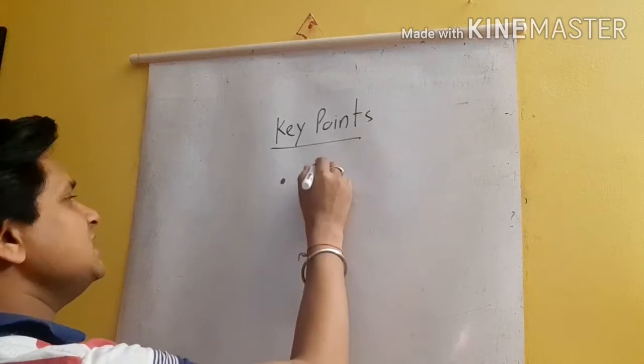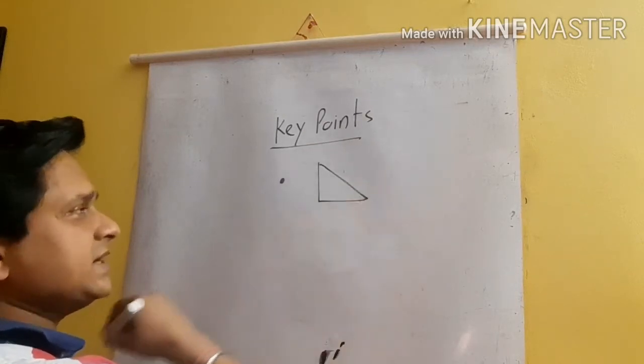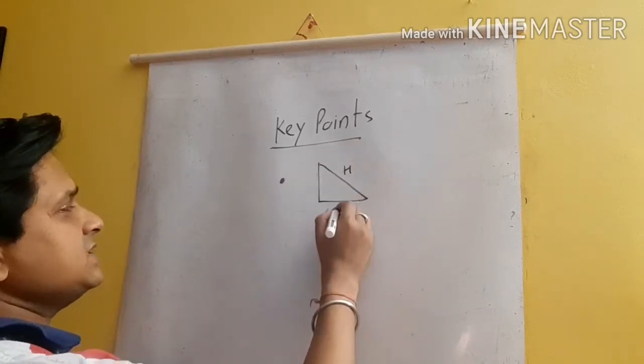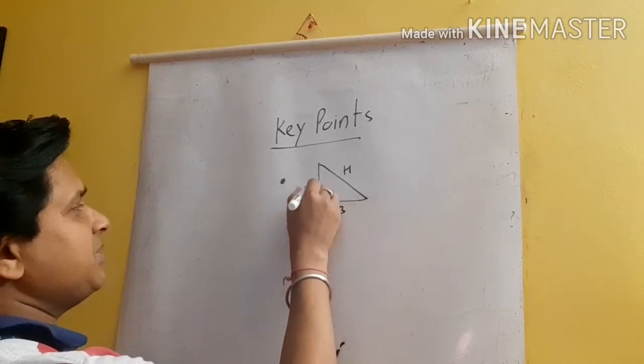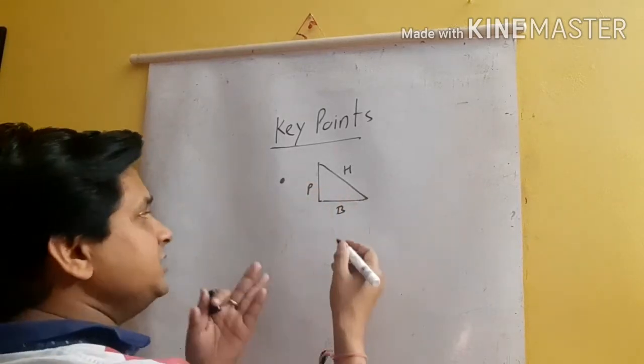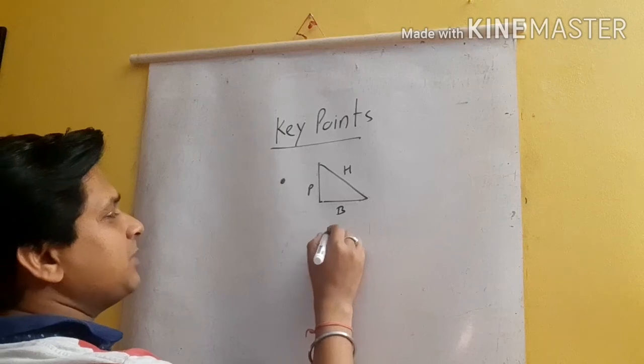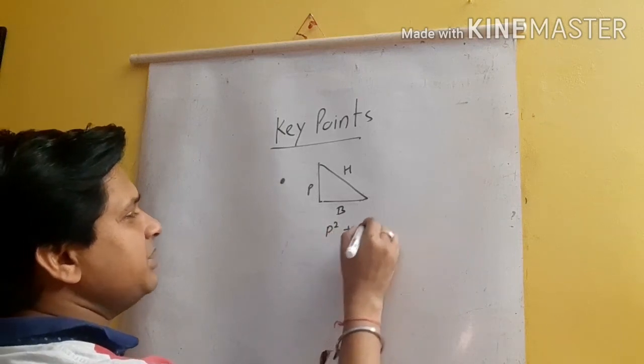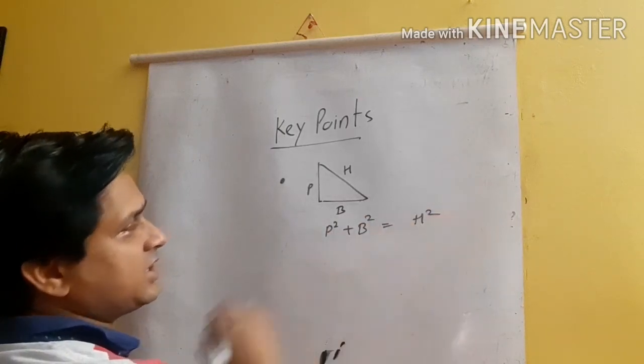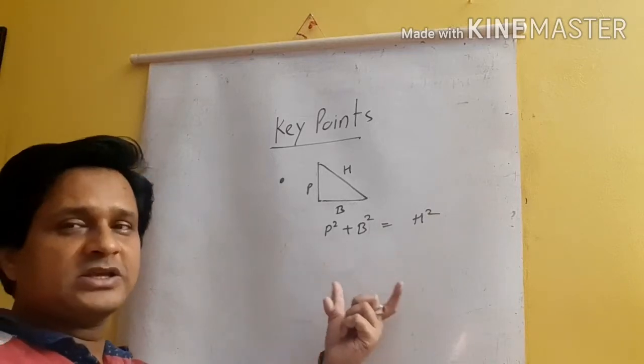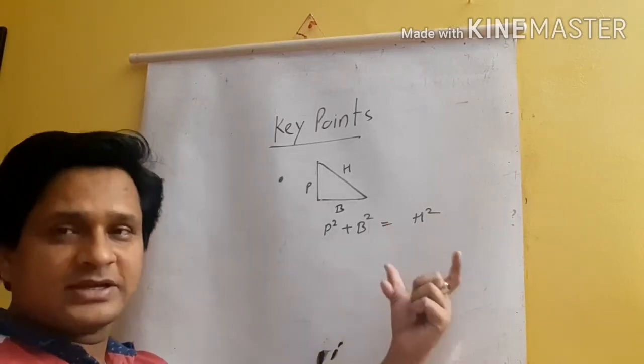Just try to understand. As we all know, this is a right angle triangle, this is the hypotenuse, this is the base, and this is the perpendicular. According to the Pythagoras theorem, perpendicular square plus base square is equal to hypotenuse square. So we will apply this to represent irrational numbers.